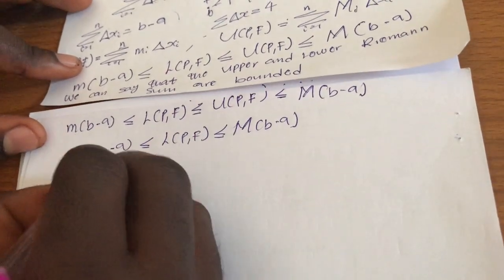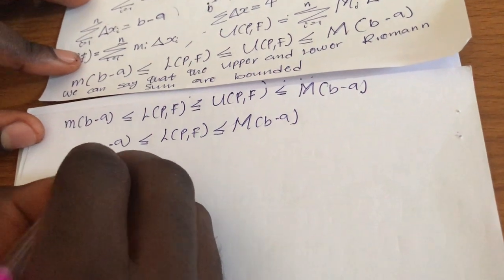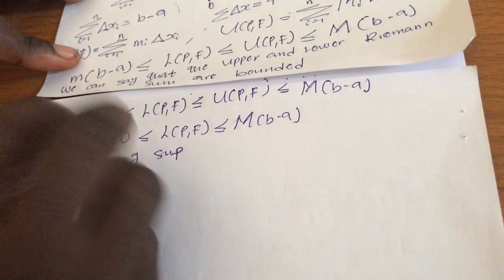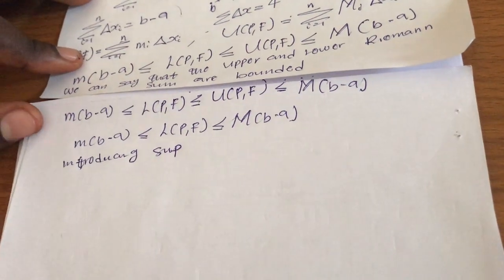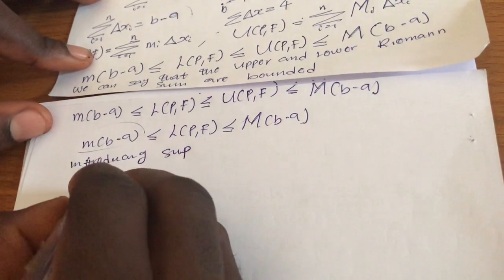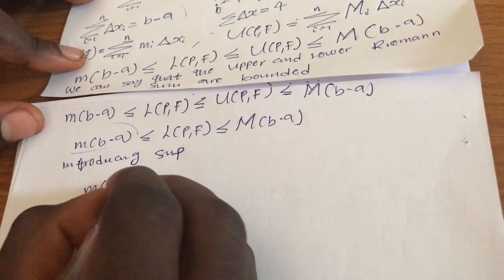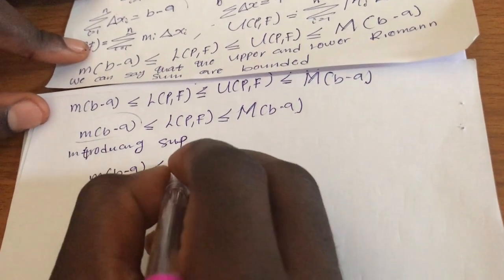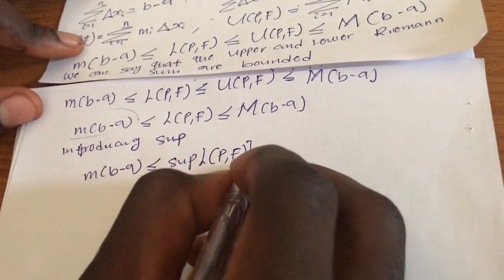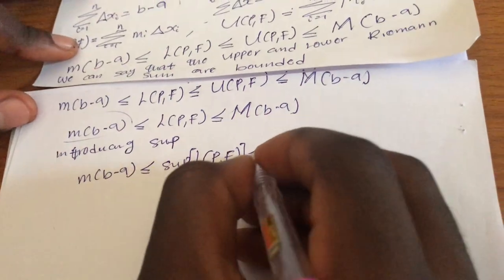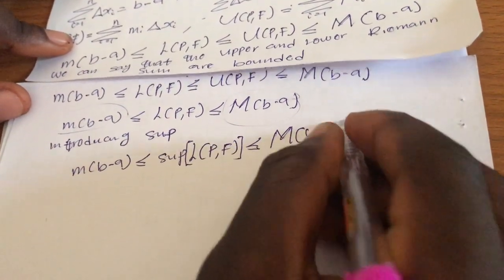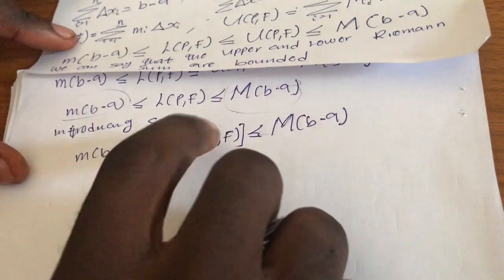Now, introducing supremum. If you put the supremum of a number, it is the number. So the supremum of this will still be m(b minus a). Now, the supremum of this will also be so. And we have a definition for this.